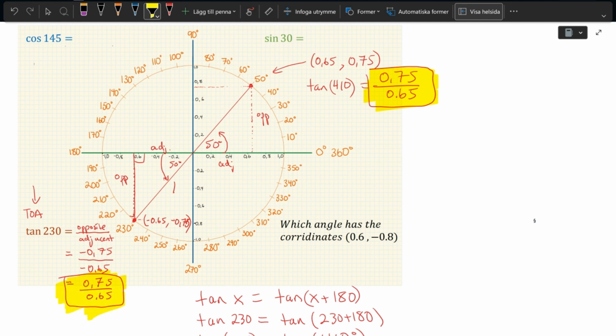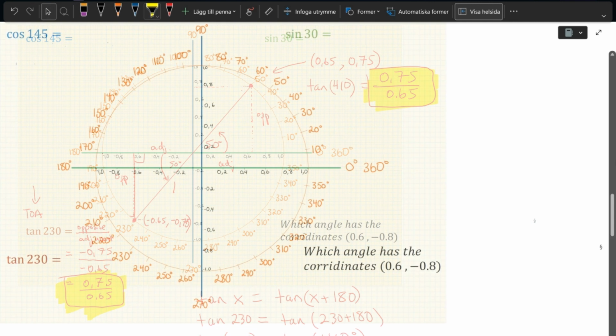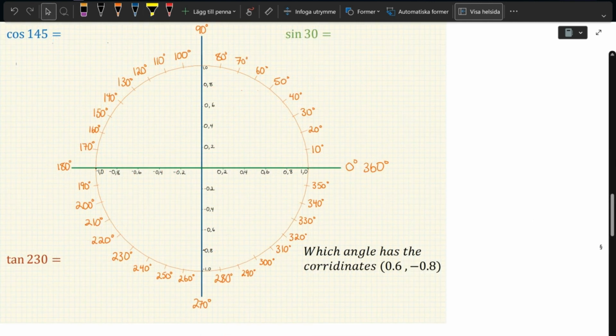And one should see that we get the same answer. So it's always true that the tan of some angle x will be equal to the tan of that angle x plus 180 degrees.